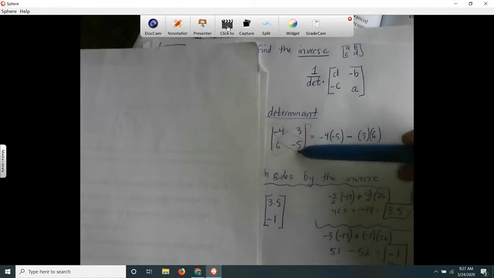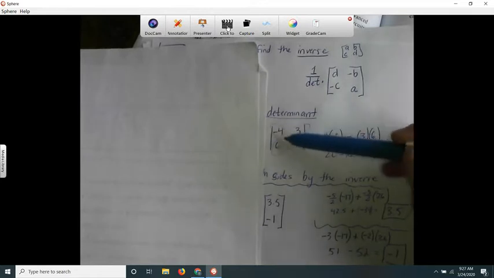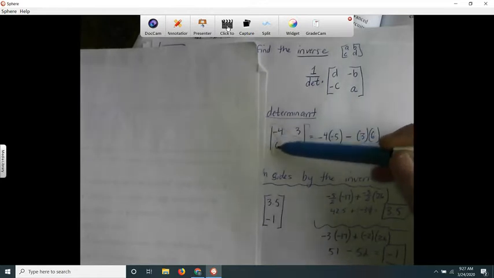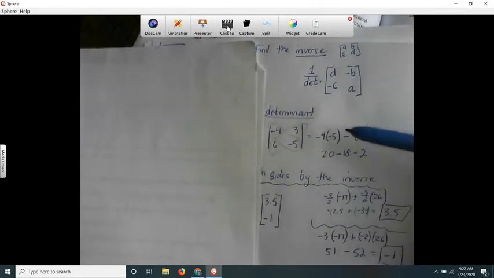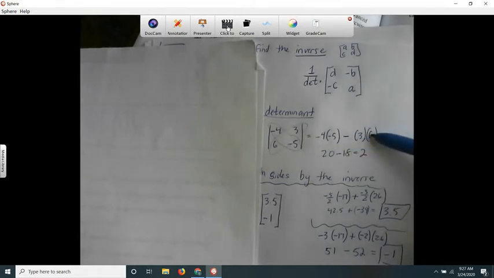Basically, it's kind of like cross products, you go this times this minus this times this. I said it wrong at first. Look in your math notes box, though. So I multiply these minus these, and I get 2 is my determinant.